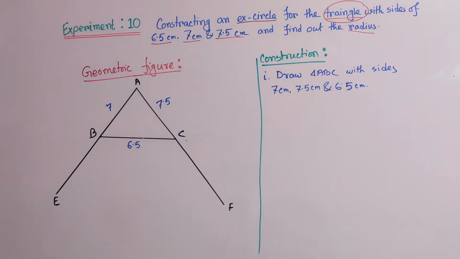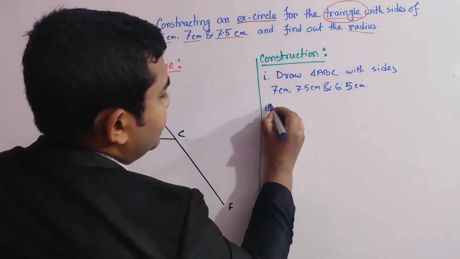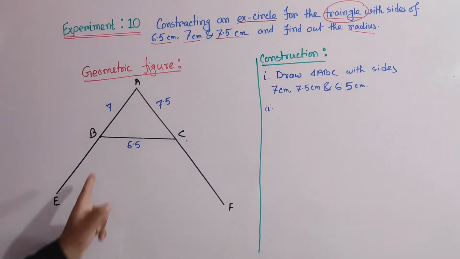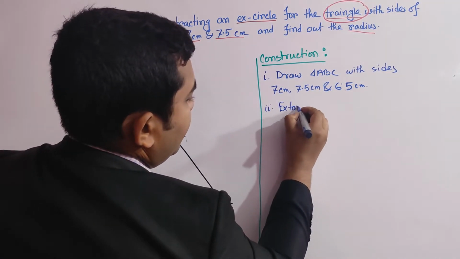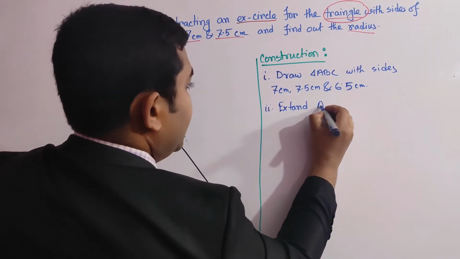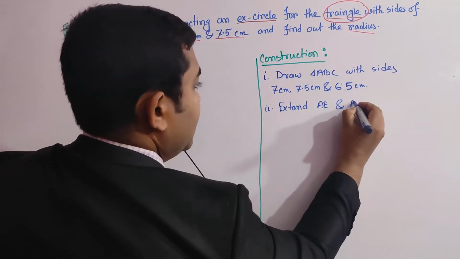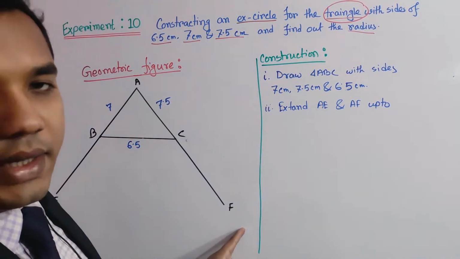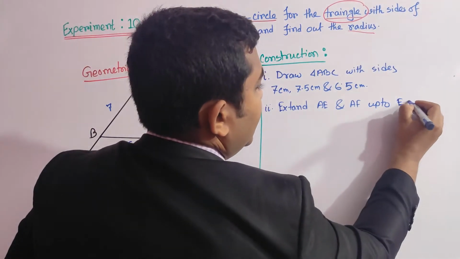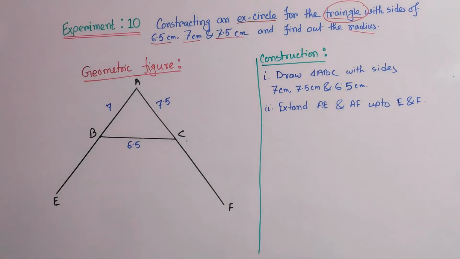So our construction part can be written as: extend AB and AC up to points E and F. Okay, extend this and this up to E and F points.